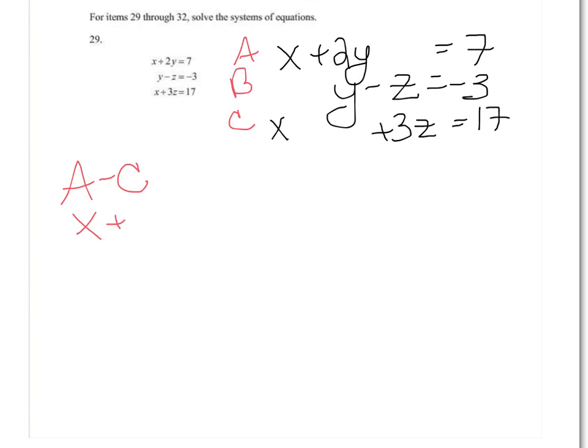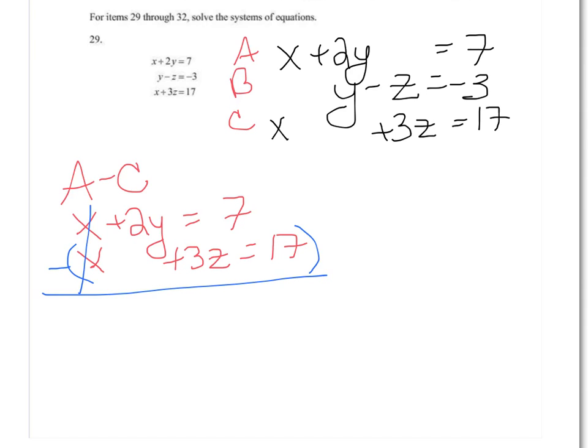So if we have, here's our A equation, our C equation, and if I take this equation away from the other one, those are 0, we're left with 2y minus, because we're going to subtract everything, 3z equals 7 minus 17, negative 10. And now what I can do is combine this equation with the y and z with this equation with the y and z.